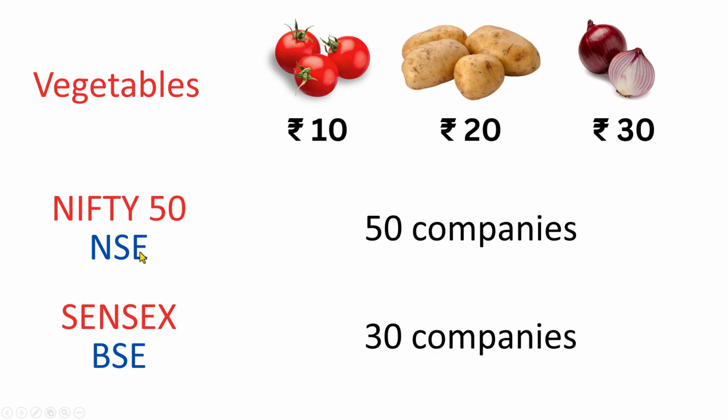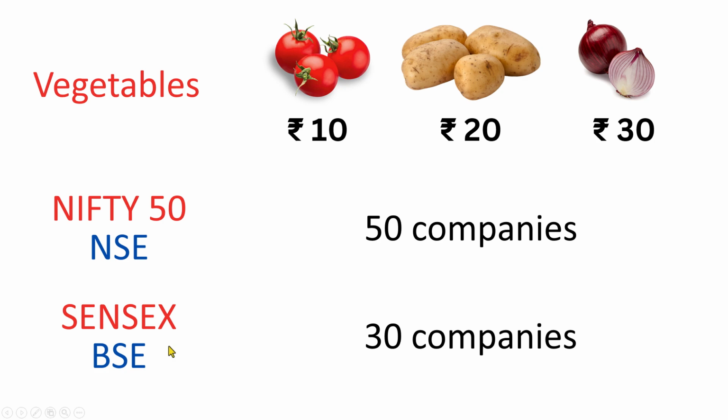Alright. And in the same way, Sensex gives you an idea of how the price of 30 items from the BSE shop is moving. Alright. I told you that BSE and NSE are shops from where we buy stocks. Correct?